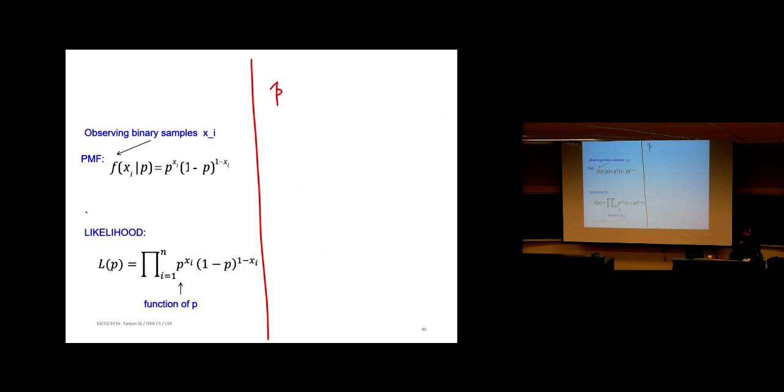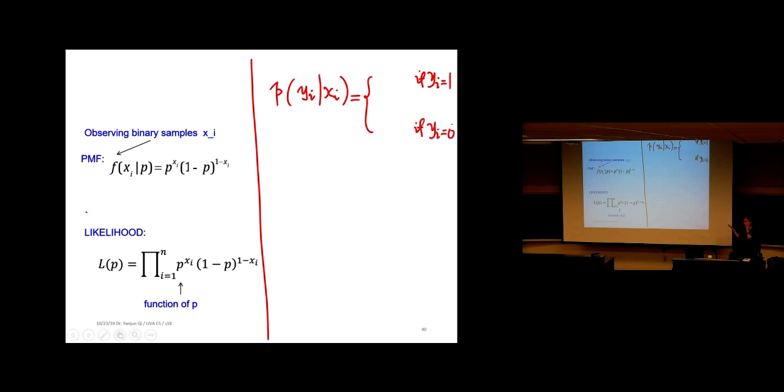So my current observed yi can be 1, can also be 0. It equals two cases: if yi equals 1, if yi equals 0.